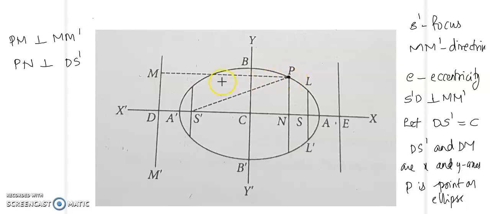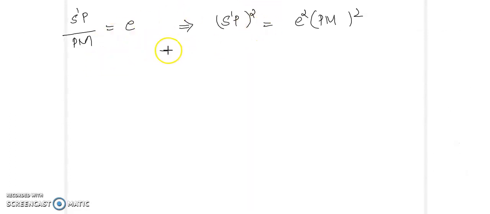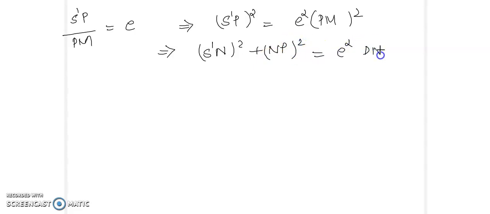And PM, the distance PM is equal to the distance DN. So let us make that adjustments. അപ്പോൾ S dash P നെ ഓപ്പോസിറ്റ് സൈഡിന്റെയും അഡ്ജസന്റ് സൈഡിന്റെയും സ്ക്വയർ ആയിട്ട് വരും. അപ്പോൾ S dash N whole square plus NP square equal to E square into DN square.